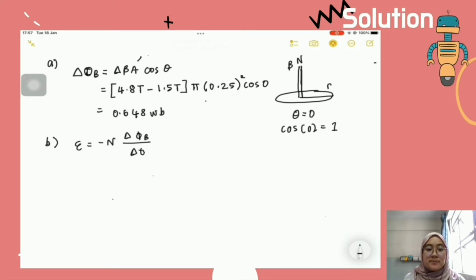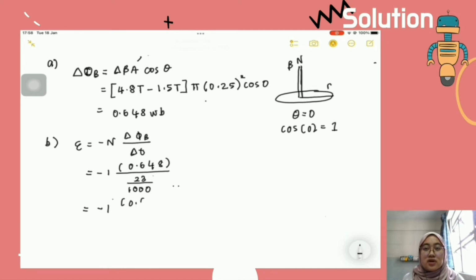We already know the change in flux is 0.648 and the change in time is 23 divided by 1000, as we need to change from milliseconds to seconds, which gives 0.023 seconds. We put all the data into the equation and the final answer is negative 28.17 volts.